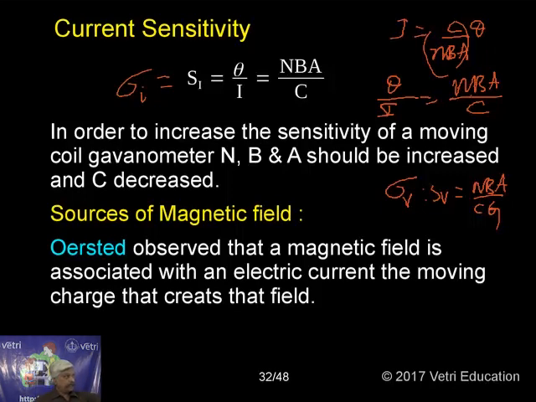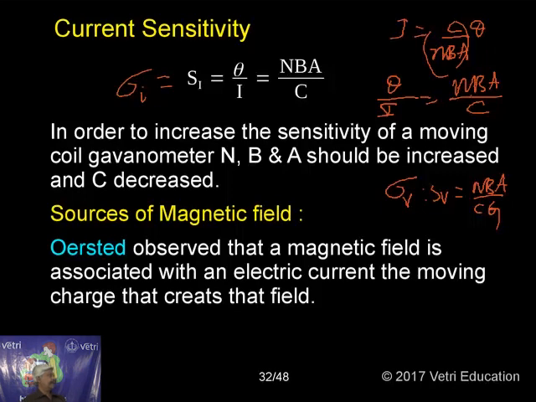What about the voltage sensitivity? G is also there. If N increases, G also increases. Therefore, there is no change in the voltage sensitivity. So if we increase the current sensitivity, it is not necessary that the voltage sensitivity will increase.